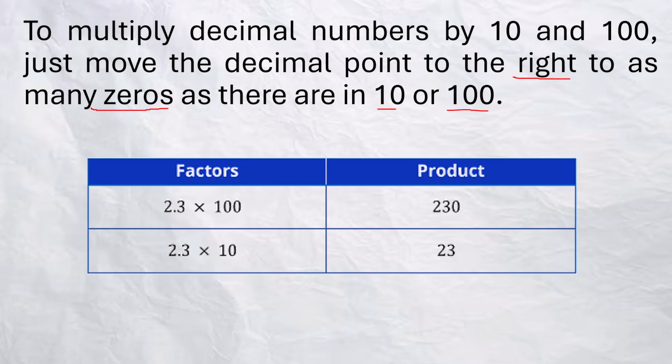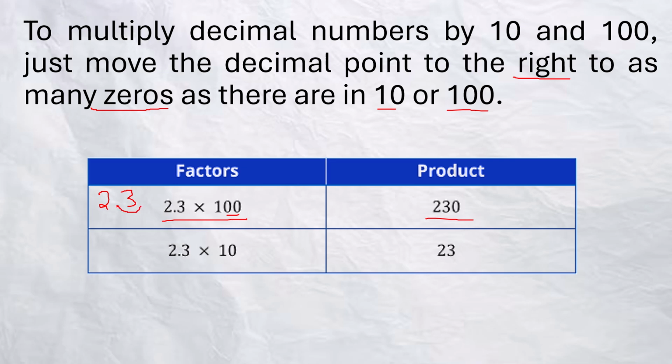So if we have the factors 2.3 multiplied by 100, the product will be 230. What happened here is that we move the decimal point to the right two times since we have two zeros in 100. So it will be 2.3. If we move this decimal point to the right two times, it will be like this.